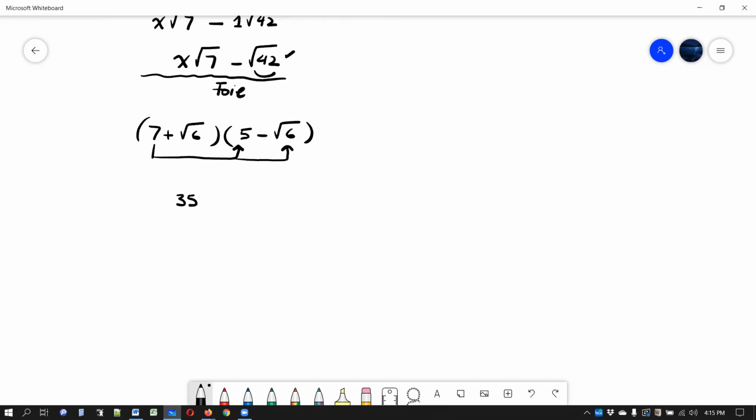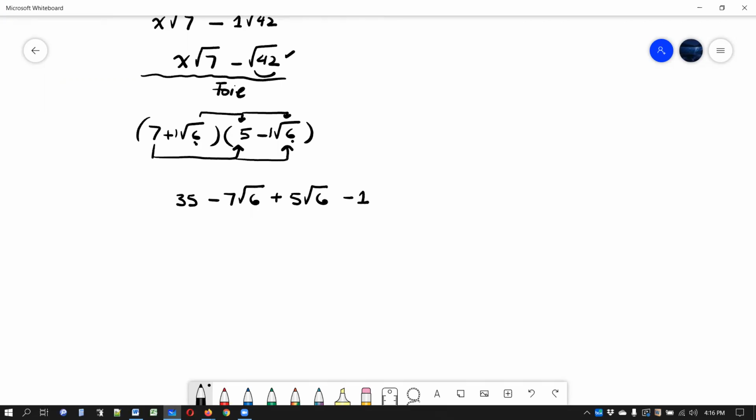Multiply the first times this, but keep in mind, the 7 is going to multiply the invisible 1. So minus 7 radical 6. And that's the case because only the elements inside of the radical multiply each other. Second multiplication. Invisible 1 here, which is going to multiply the 5. 5 radical 6. And now the 1s multiply each other.